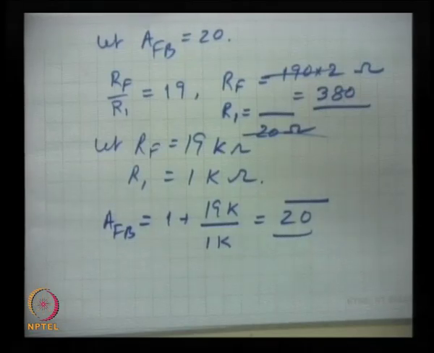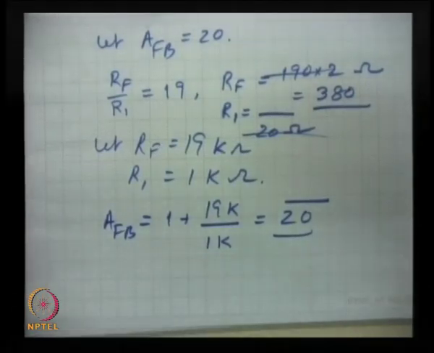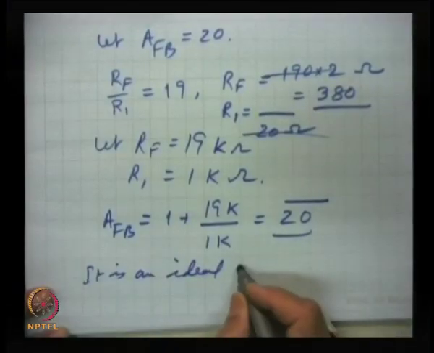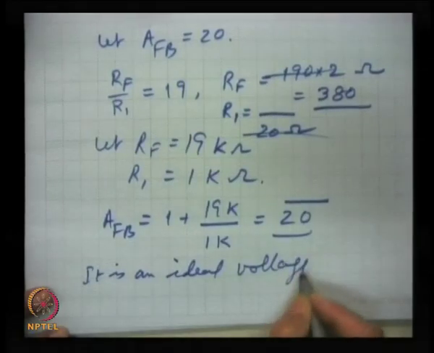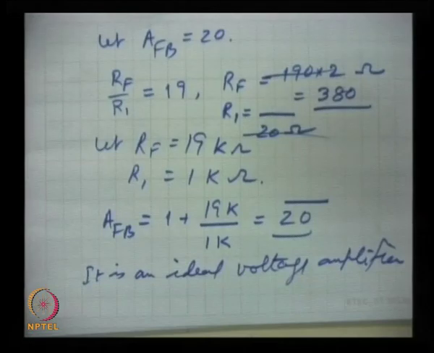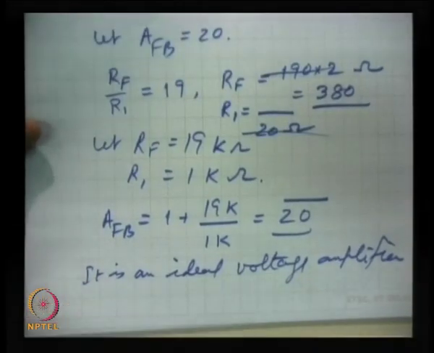Now let us go further to show that the non-inverting amplifier with op-amp is very close to an ideal voltage amplifier, and this we can show by using the concepts of feedback.